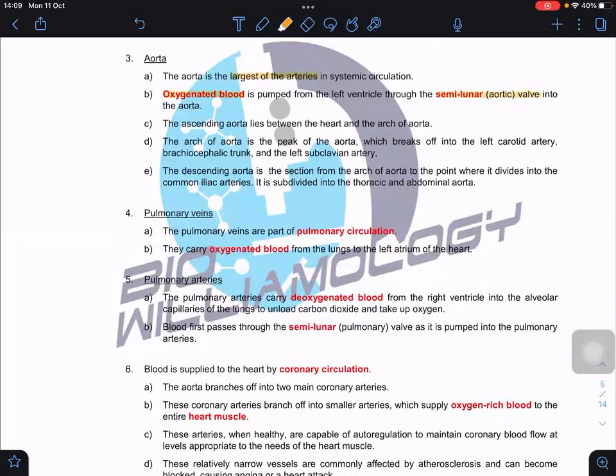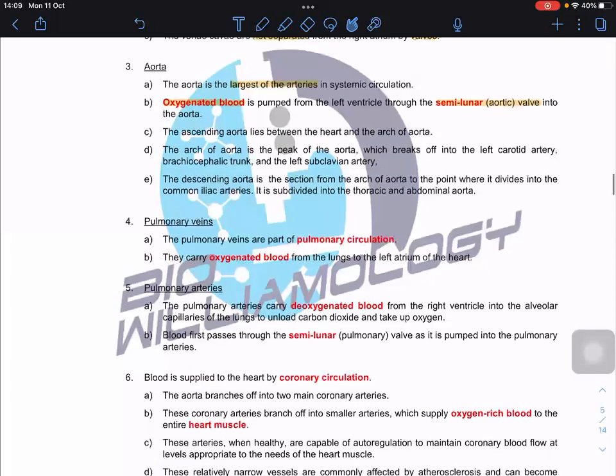And we do know that the ascending aorta lies between the heart and the arch of the aorta. And the arch of the aorta will break into three branches. So one is the carotid artery, the brachiocephalic trunk, and also the left subclavian artery. So it will branch into these three, and then another one will continue as the descending aorta.